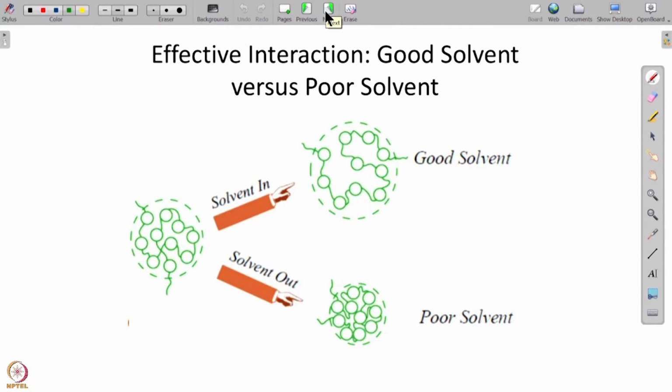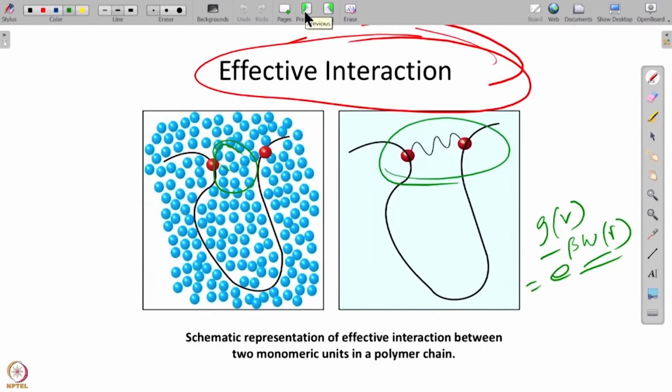So, if the solvent is such that it does not like the polymer, then the water molecules will go away and the polymer will collapse. However, if they like it, then they will be inhabited inside and the polymer will swell.